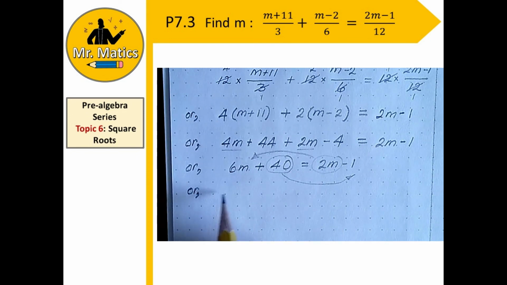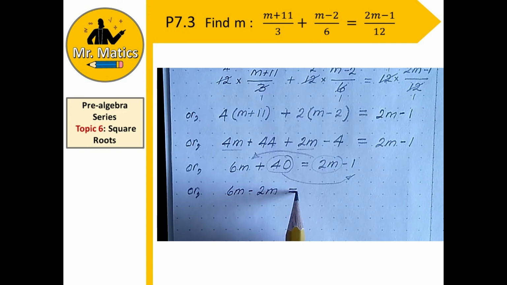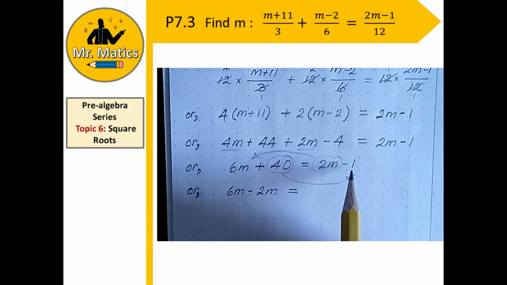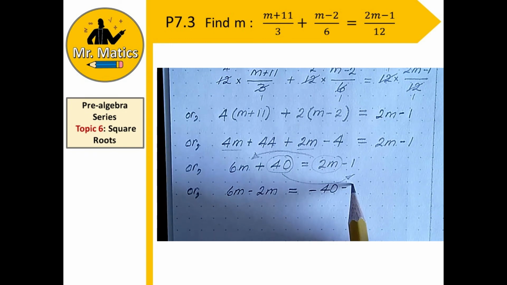So 6m minus 2m on the left side, and on the right side this 40 goes to the other side, becomes minus 40, minus 1.